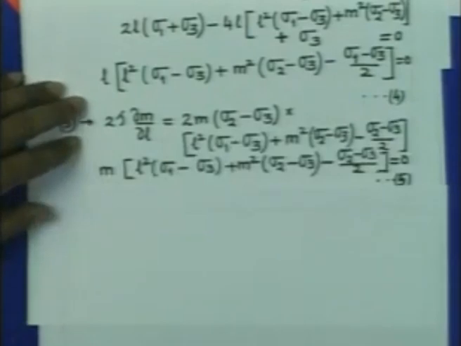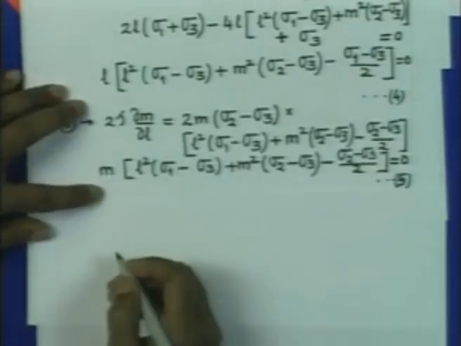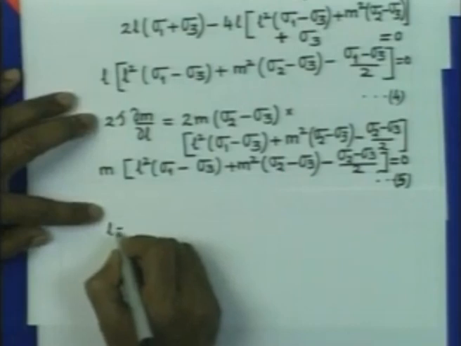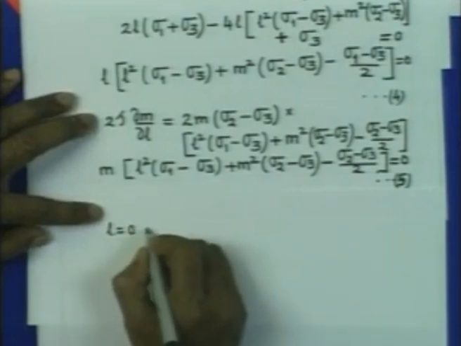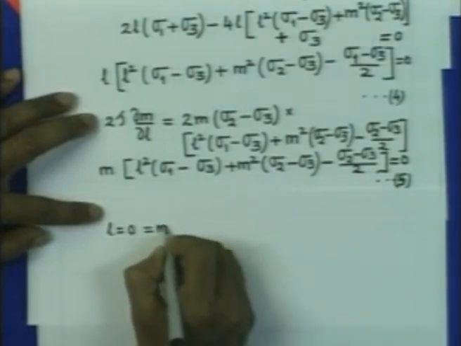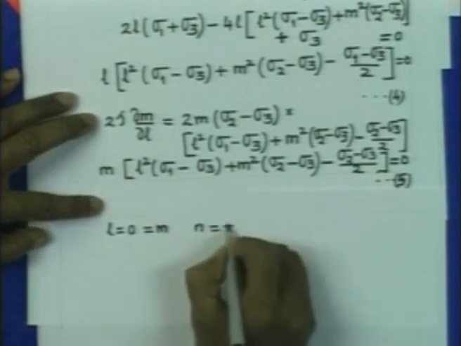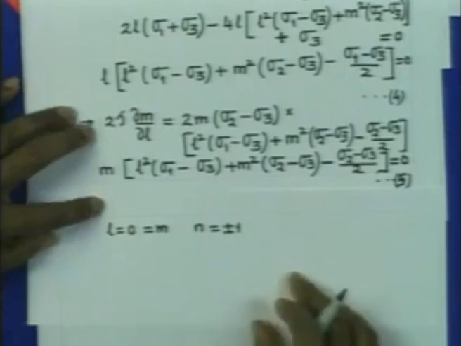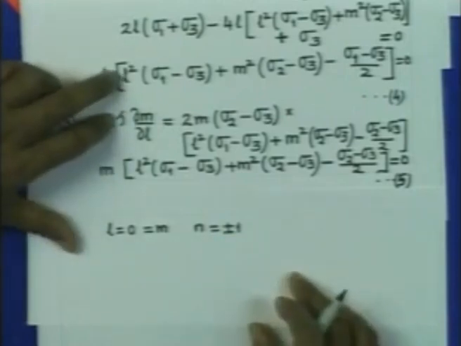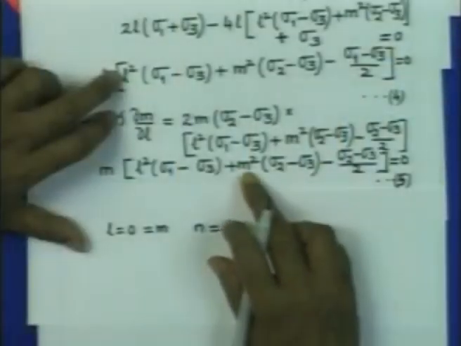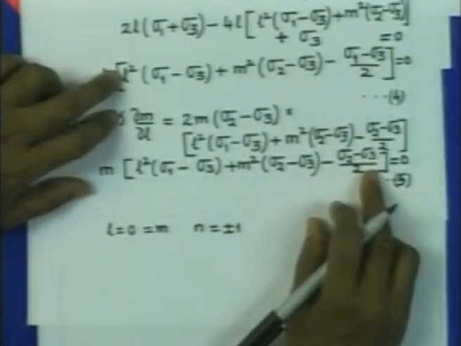If we consider the first root to be l equal to 0 and m equal to 0, then n is going to be equal to plus minus 1.